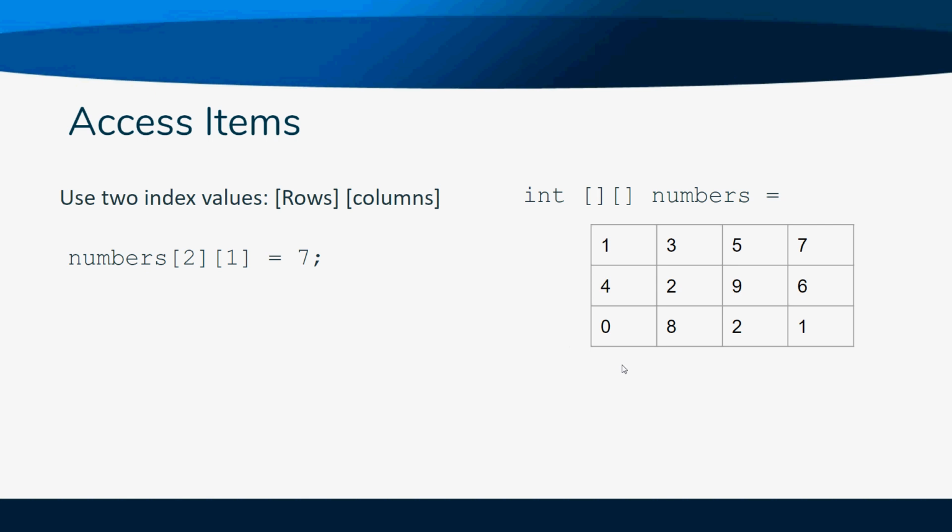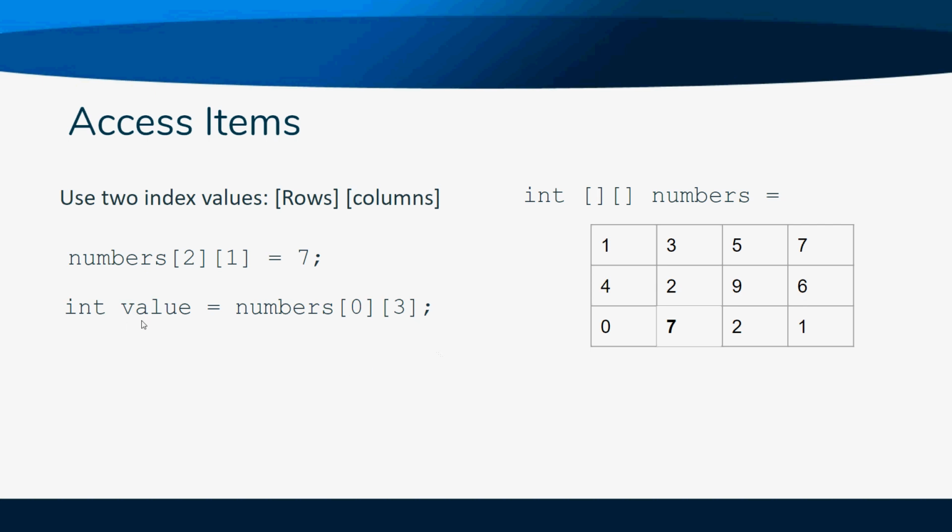That means this is column 0 and column 1. So it's saying I want to set this value to a 7. So if I click, it's now changed that value to a 7. The reason it's setting the value is because numbers 2, 1 is on this side of the equal sign. So it's setting the position.